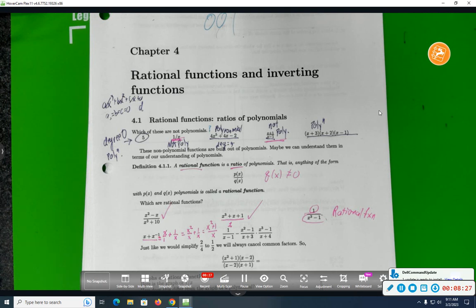So with that in mind, look at that last example. Is it a rational function? Could you write that as a single ratio of a polynomial divided by a polynomial? Folks for yes? Folks for no?